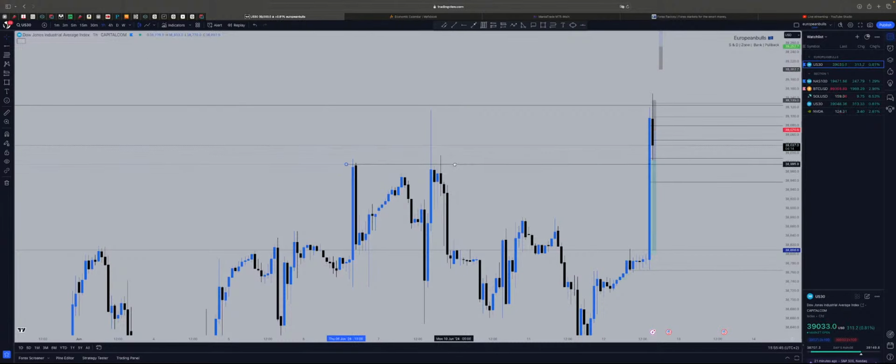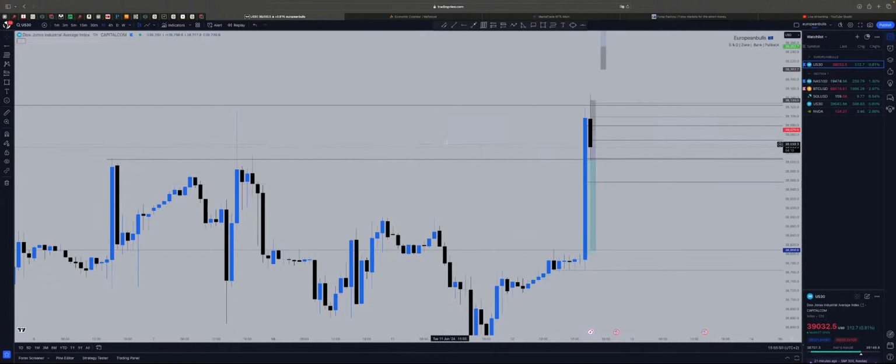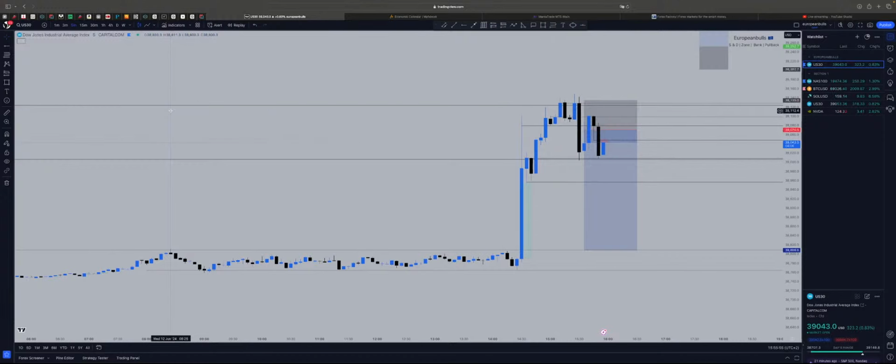This is really bad. This area is really bad. I just need a break below this area. Another sell.